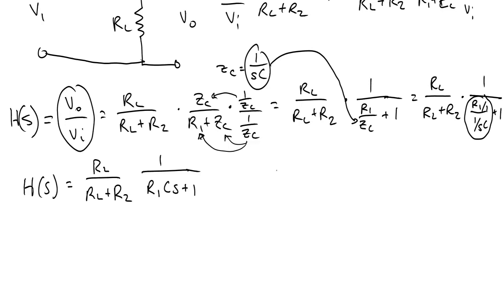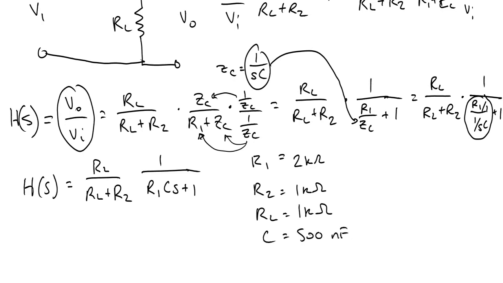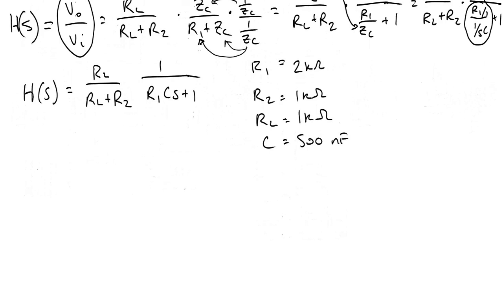So now let's go ahead and plug in. We have R1 is equal to 2K, R2 is equal to 1K, RL is equal to 1K, and C is equal to 500 nanofarads. Let's plug in here. RL plus R2 is going to be 2K, and this RL is 1K, so we have 1K over 2K.